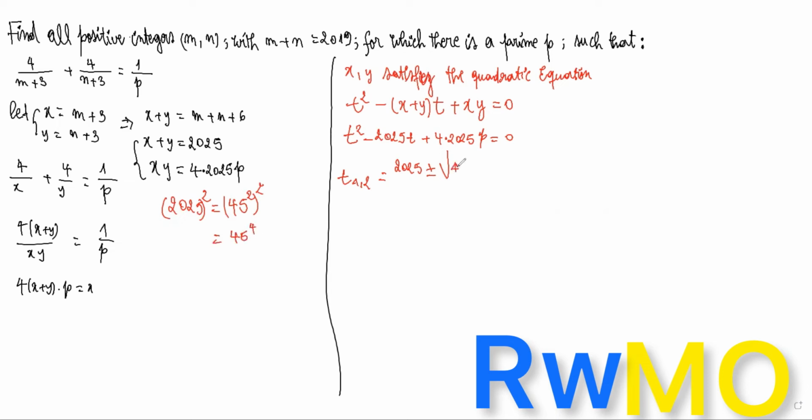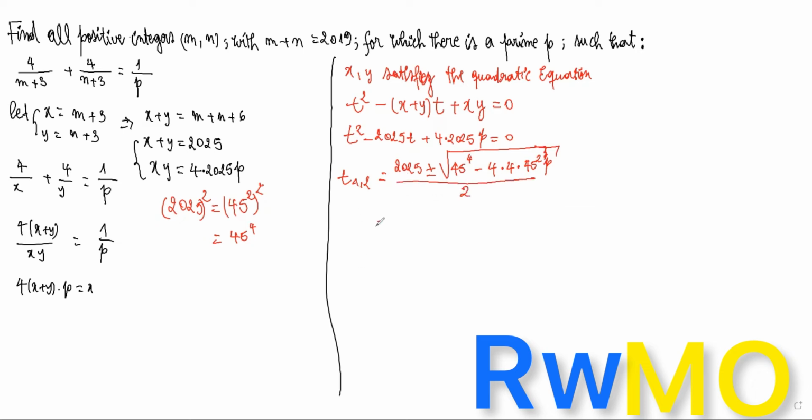So this is 45 to the 4th power minus 4 times 4 times 45 squared times p, and then divided by 2.